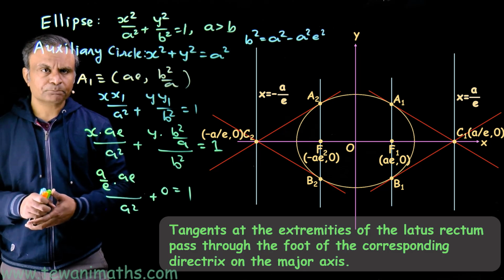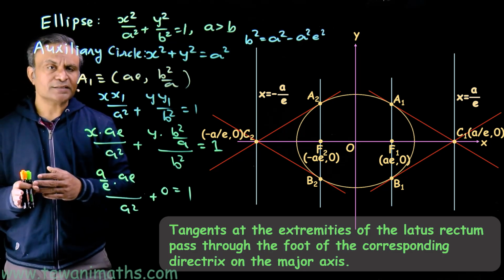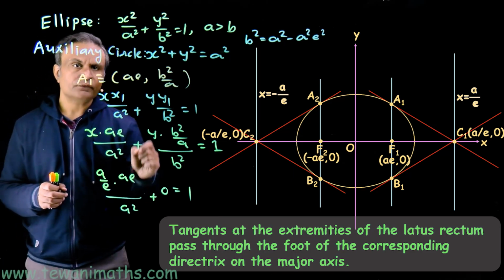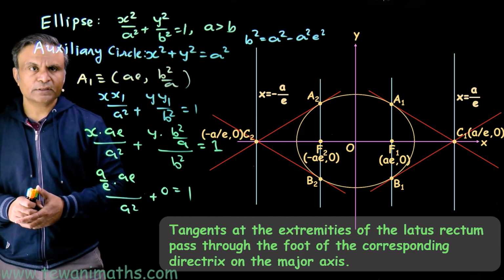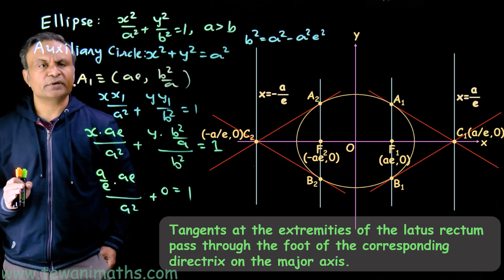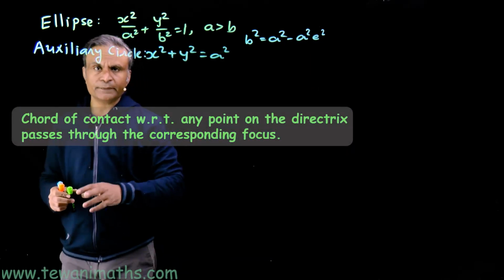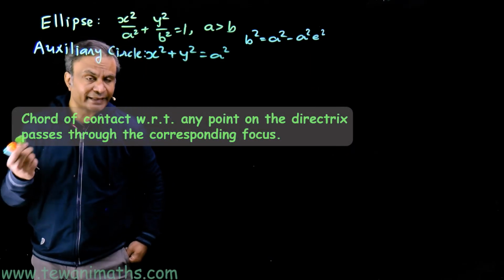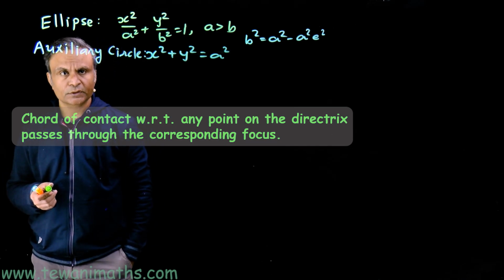What is the property? Tangents at the extremities of the latus rectum pass through the foot of the directrix on the major axis. Okay, right? Let's take one more common property which is for all the conic sections. We have this property: the chord of contact with respect to any point on the directrix passes through the corresponding focus.